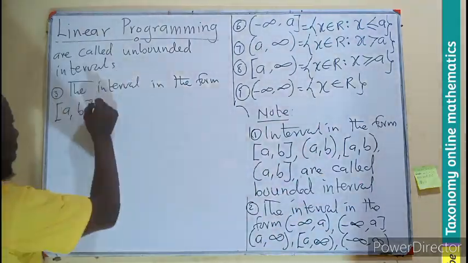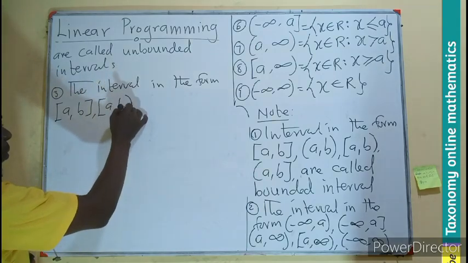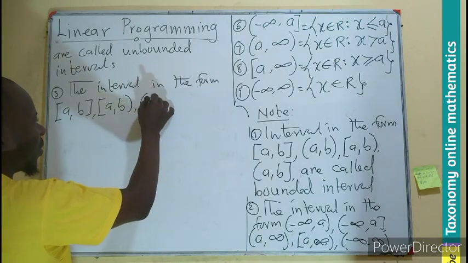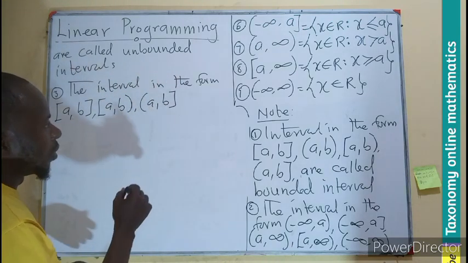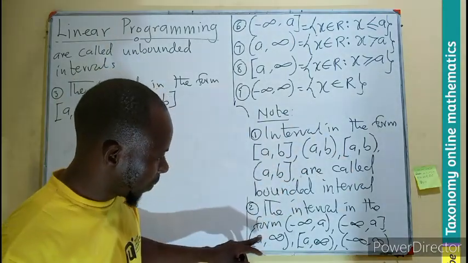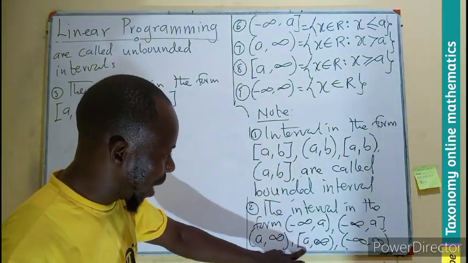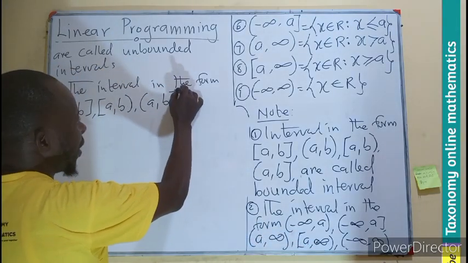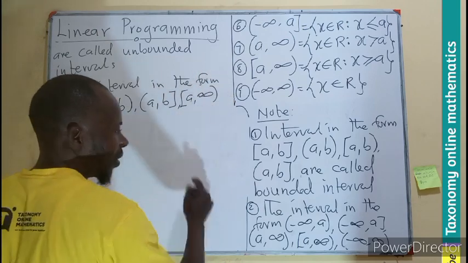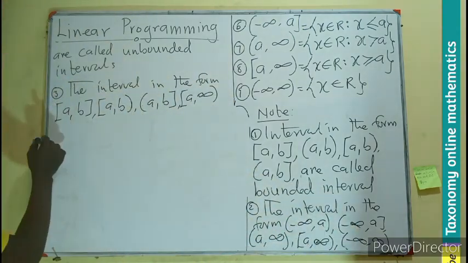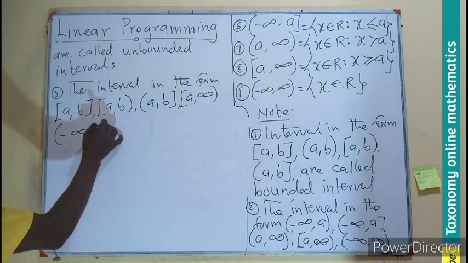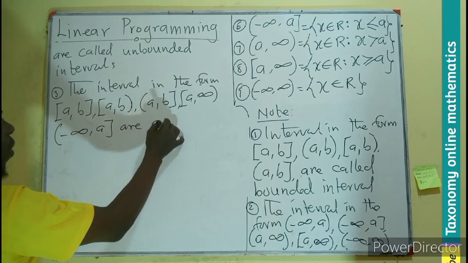Here, A is part. If we come here, A is not part, but B is part. If we come here, A is part, but we don't know the other endpoint. Here also, we don't know the beginning.